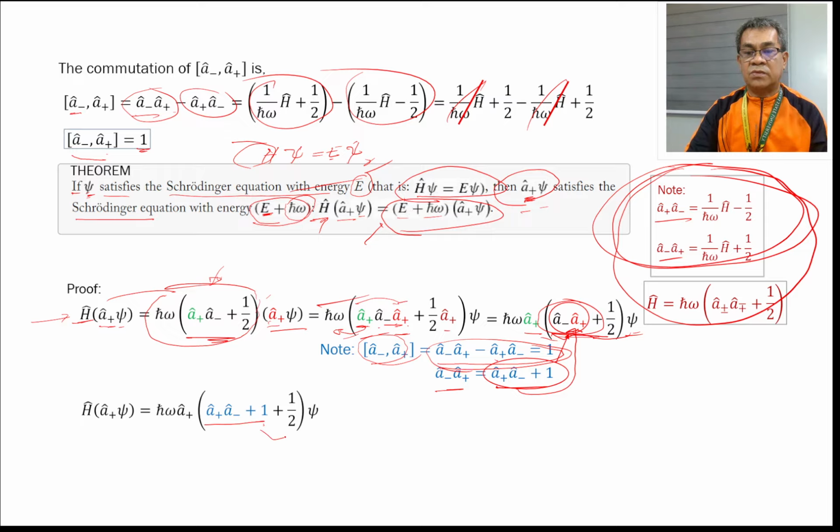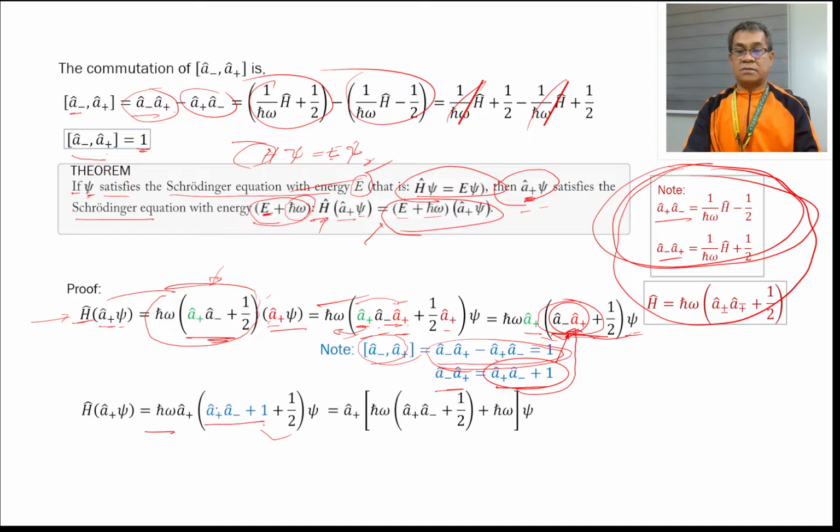Then we can combine this 1 plus 1 and we have this one. Then we have 1 half plus 1 half.